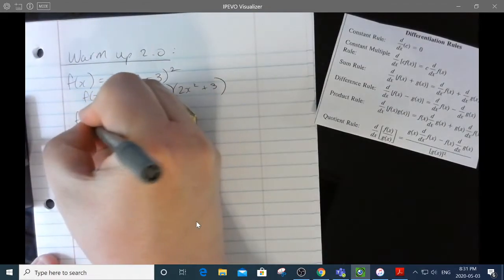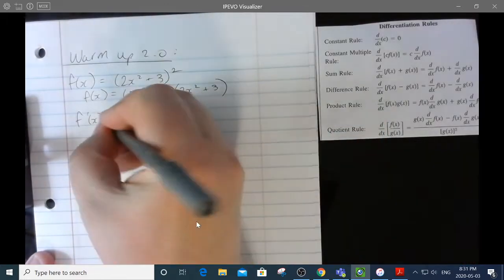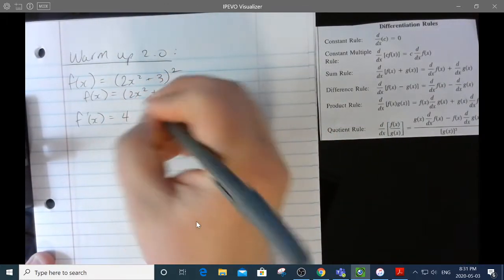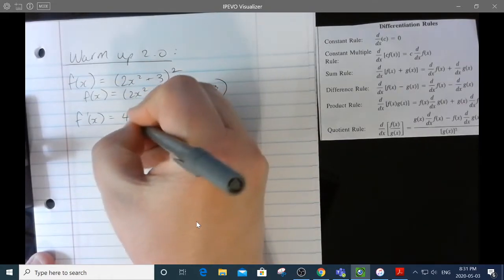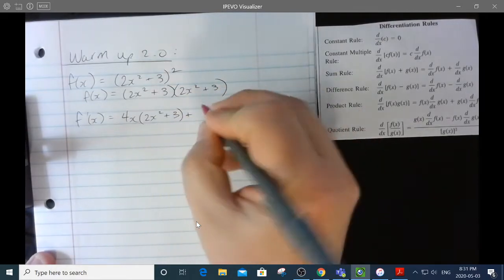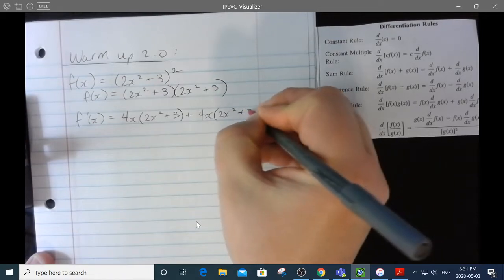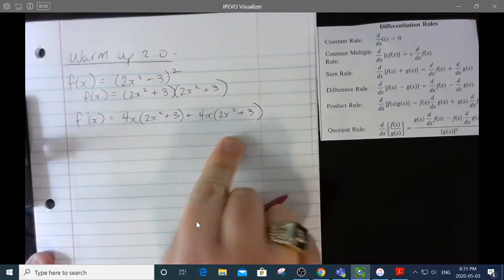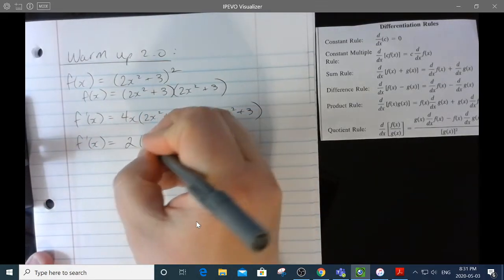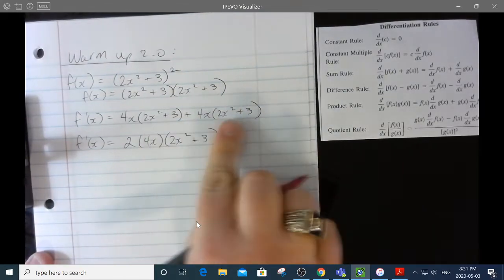And then for my f prime of x, I can use my product rule, where I would say that it's the derivative of the first thing times the second plus the derivative of the second thing times the first. And if you have the same thing twice, you could just say that you have two of them when you're adding something to itself.